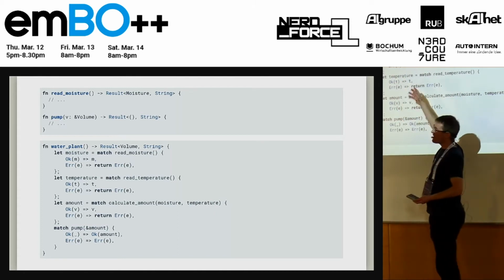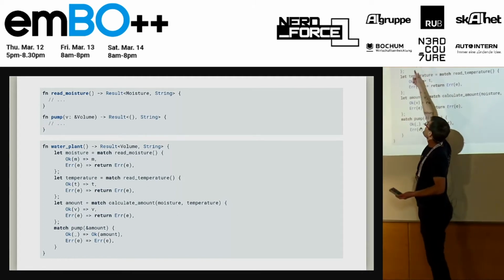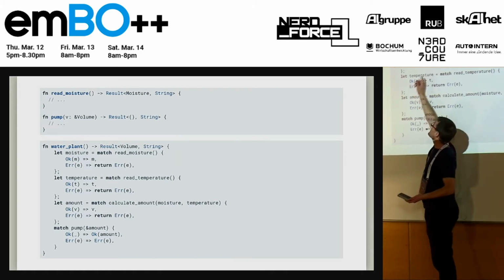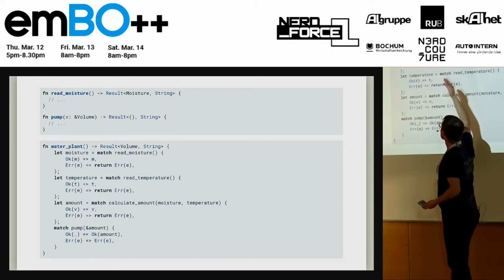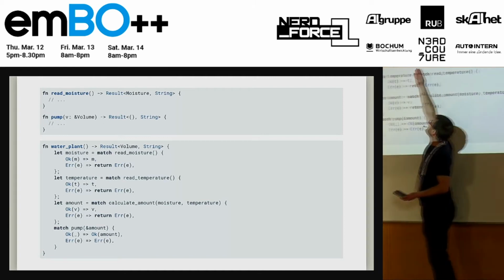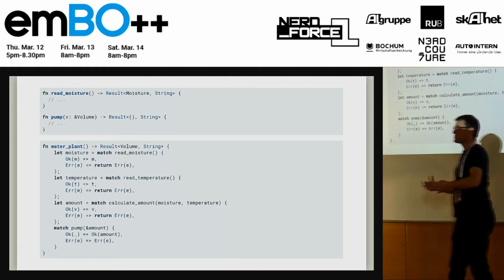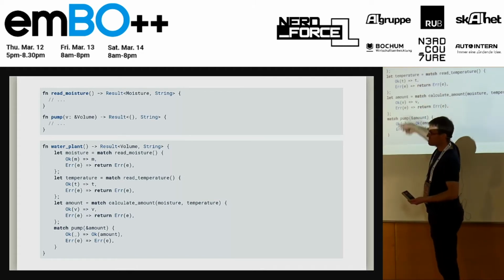If there is an Ok in there, it takes out this moisture value and just assigns that to the moisture. But if there is an error in there, it doesn't assign; it jumps out of this match statement with the return, and because match is just a statement, it's not a scope, it doesn't return from the match, it returns from this function here.